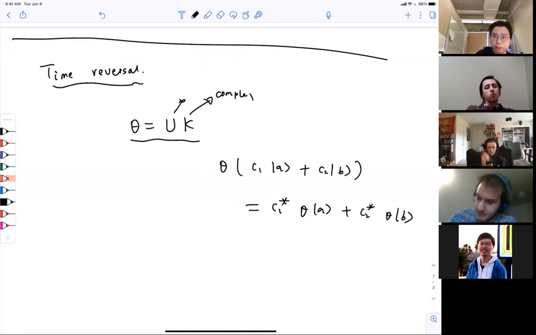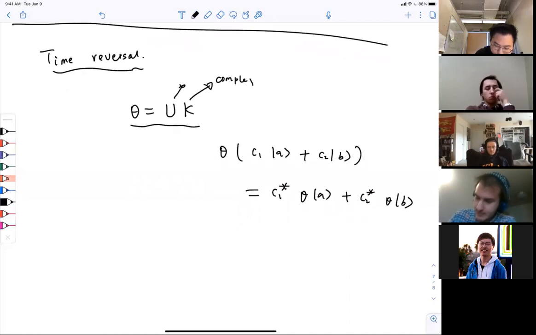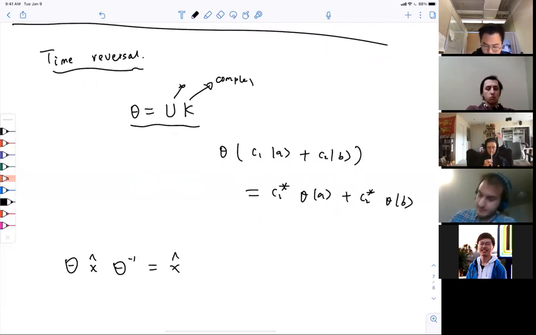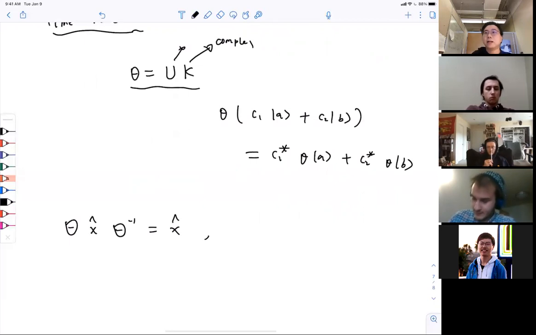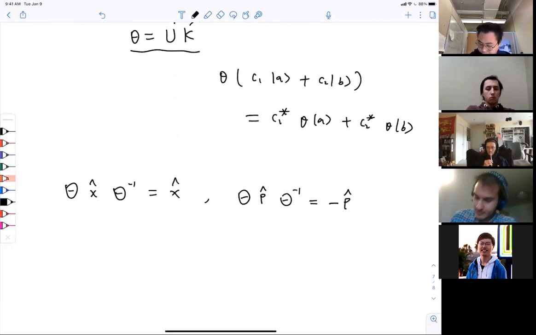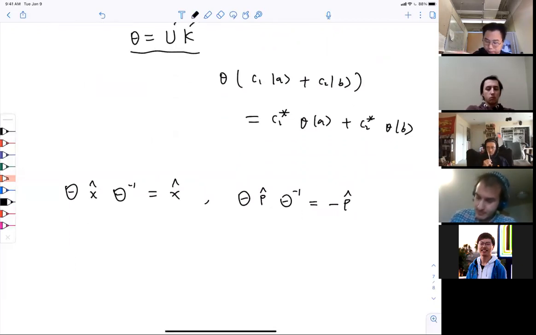Similarly, we can define the properties of some operators under the time reversal operation. Inspired by time reversal in classical physics, we require X to be invariant under time reversal, and the P operator to flip sign, because the direction of motion will flip.